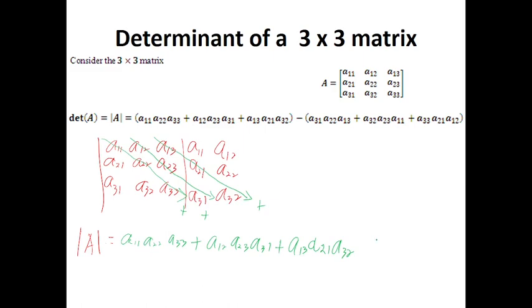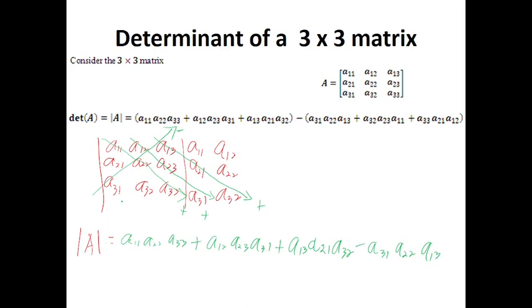Then going upward from left to right, there will be a negative sign: minus A31, A22, A13.